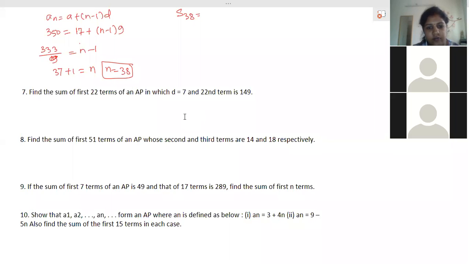The ninth one I will solve. Or if you can, try it. Give it a try, I will solve. Ma'am, would all these questions be asked for 2 or 3 marks, right? Yes. Okay, ma'am. Thank you.